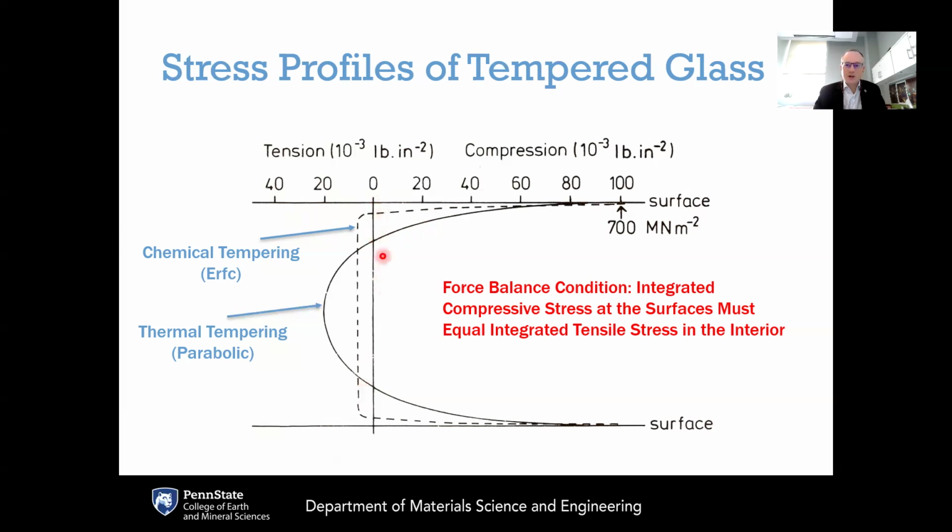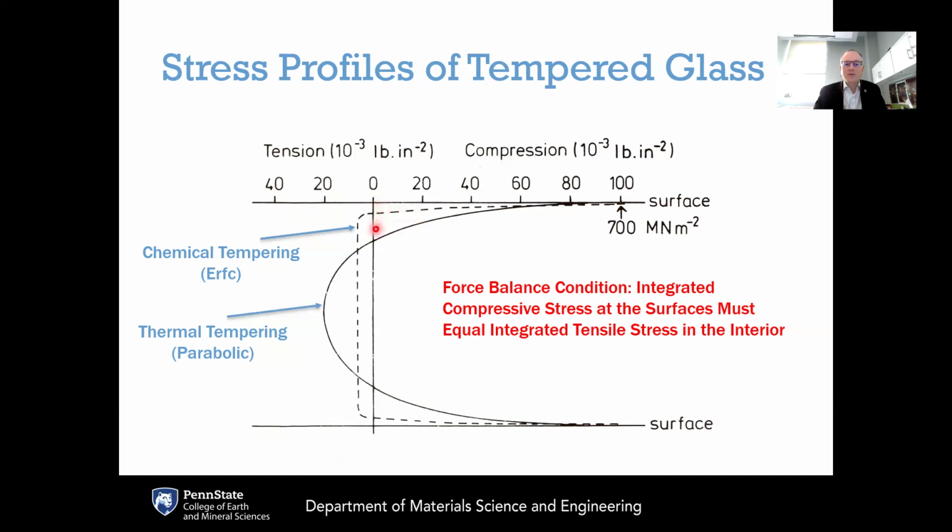And so that is providing pretty good protection against both the introduction of new flaws and the propagation of existing flaws. So basically, if you have any crack, any surface flaw that stays within this compressive region, then you are relatively safe against failure of the glass.